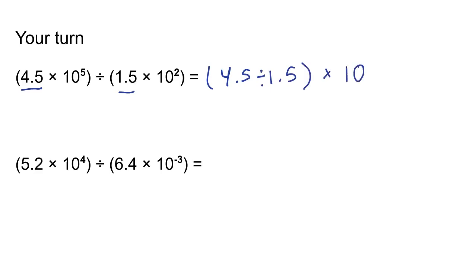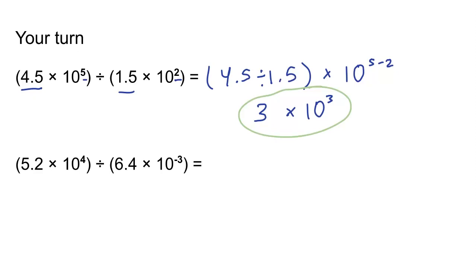And then subtract the exponents, 5 and 2. 5 minus 2. And 4.5 divided by 1.5 equals 3 times 10, and 5 minus 2 is 3. So the answer is 3 times 10 to the 3rd power, or 3 times 10 cubed.